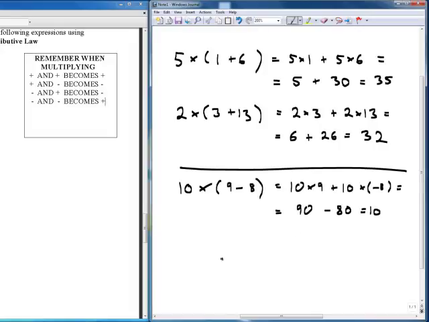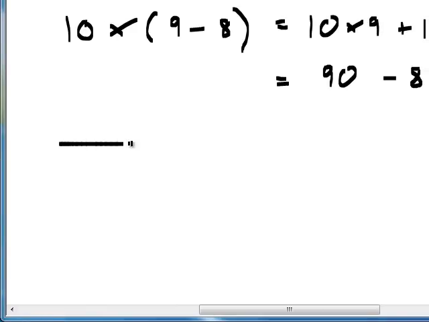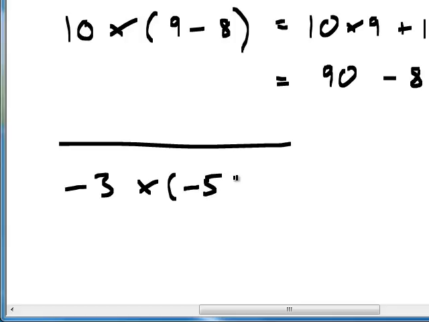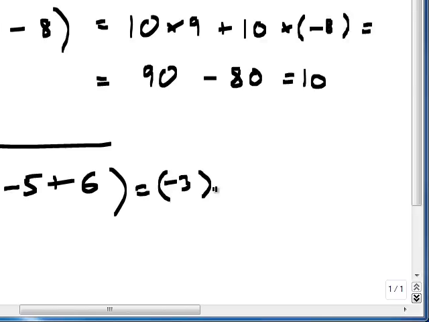There's 10. How about this one, number 7? Minus 3 times, within brackets, minus 5 plus 6. Minus 3 times minus 5 plus minus 3 times 6.